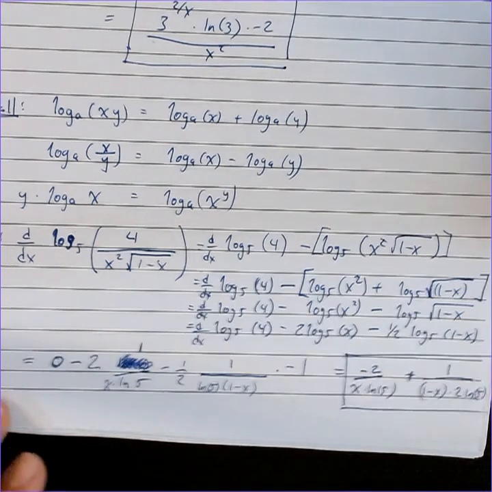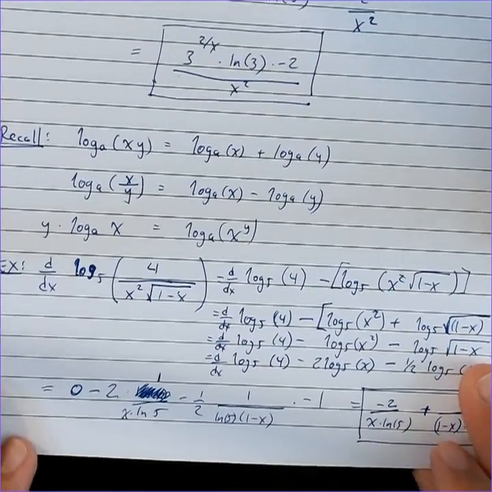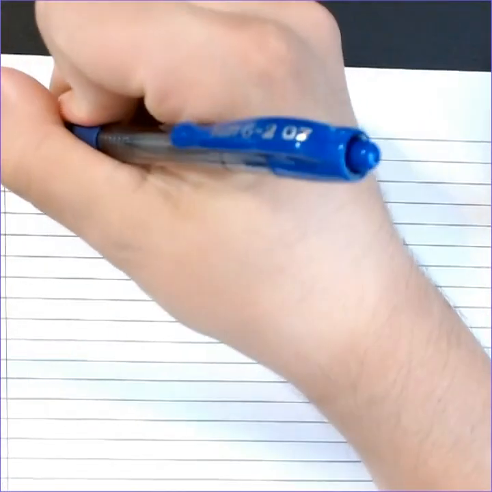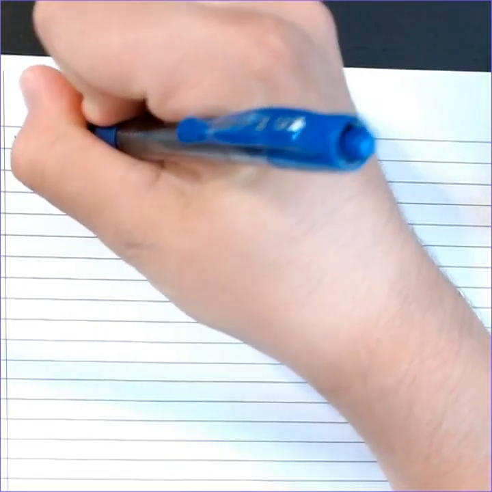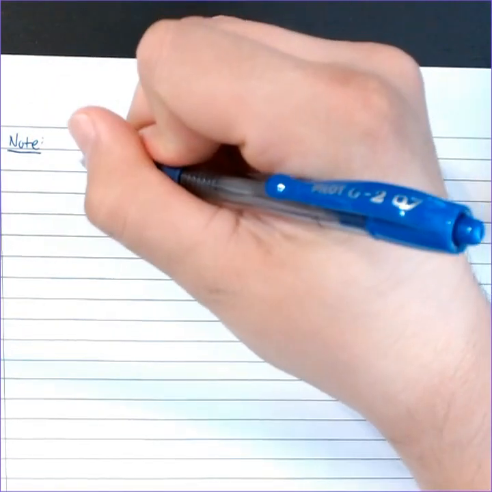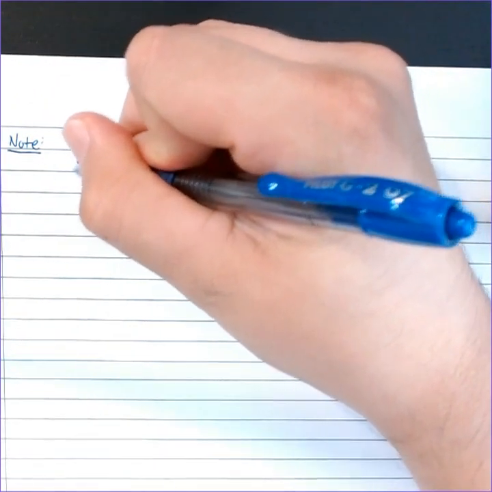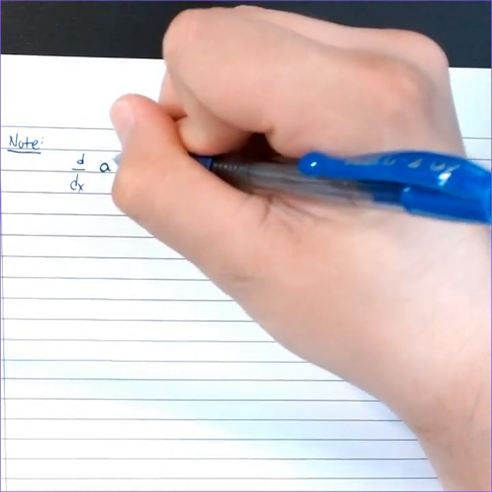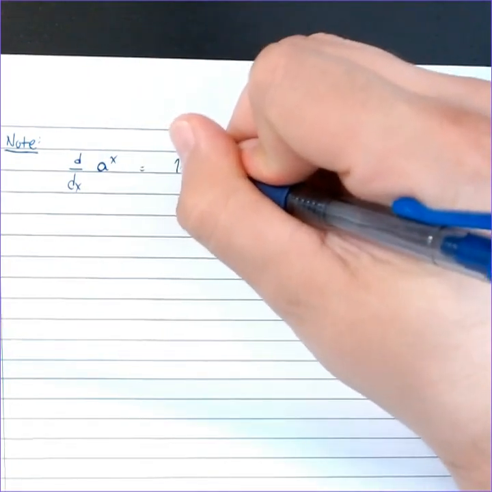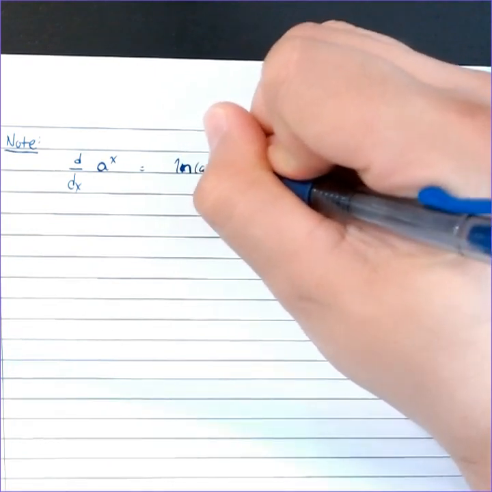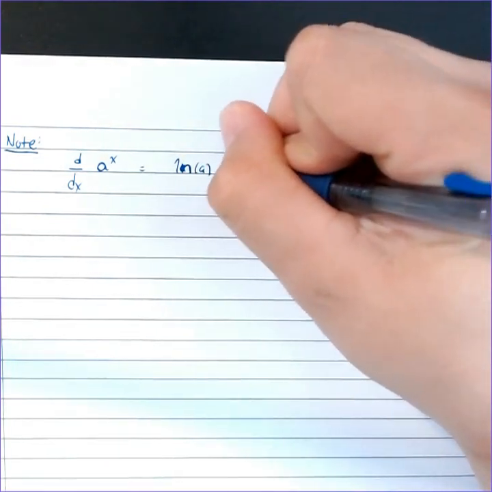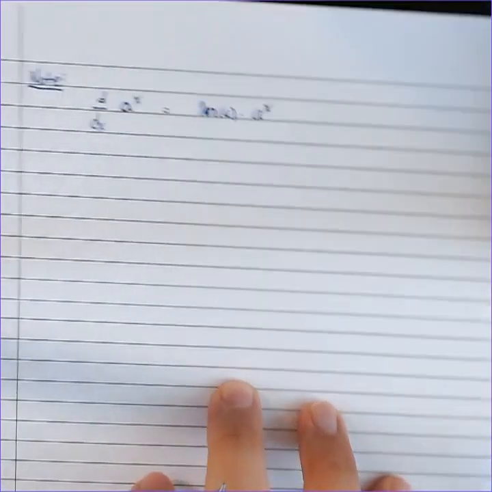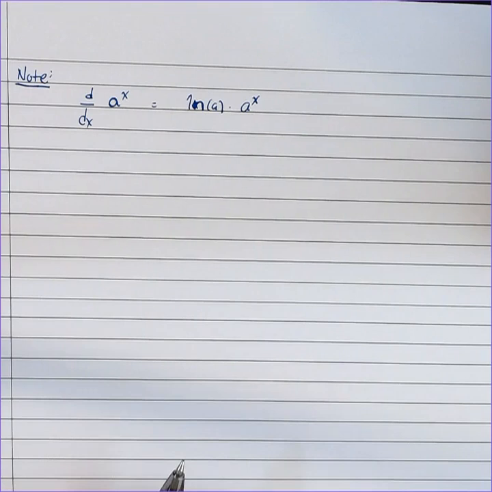Note that since we now know how to take the derivative of exponentials and logarithms of a new base, that means that we also now know how to find the antiderivatives. Note, if we know that the derivative with respect to x of a to the x is equal to the natural log of a times a to the x, if these two things are equal to each other, that means I could take the antiderivative of both sides and still have the same result, yeah?